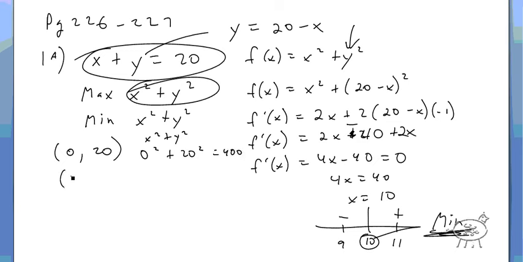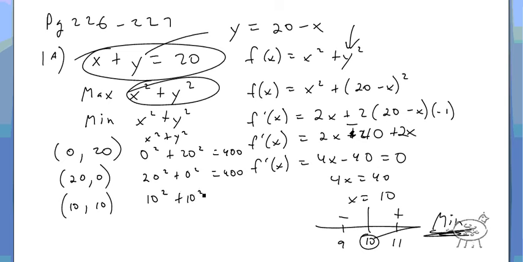If I plug in 20 comma 0, so x is 20, y is 0, that's 20 squared plus 0 squared, equal to 400. And then the value I found, the minimum, x was 10, so y is also 10, and that gives me 10 squared plus 10 squared equals 200.